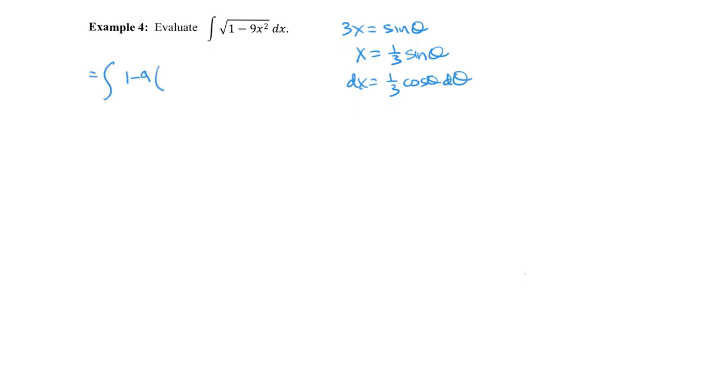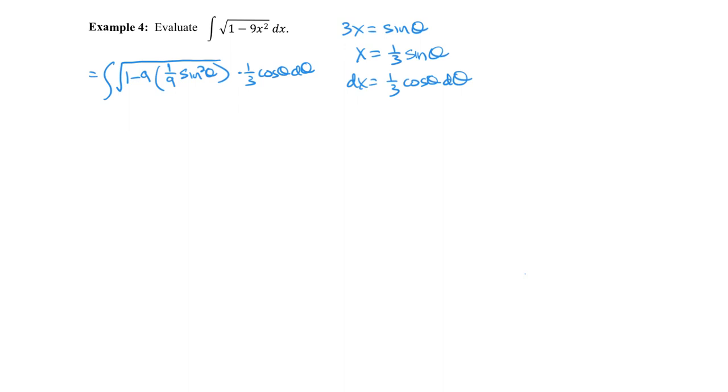Well, what's x squared? x squared is going to be 1/9 sine squared theta, because if I square this, I get 1/3 times 1/3, which is 1/9 sine squared theta. That's under the radical. And then I have times dx, and dx is 1/3 cosine theta d theta.